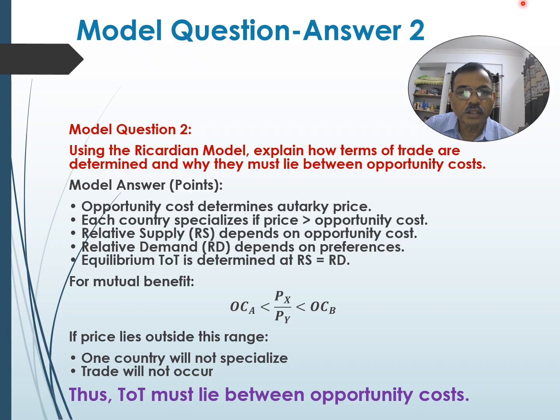On the other hand, if it is above the higher opportunity cost, the other country will not specialize. Therefore, only prices within the range ensure specialization and mutual gain. This explains why terms of trade must lie between opportunity costs.